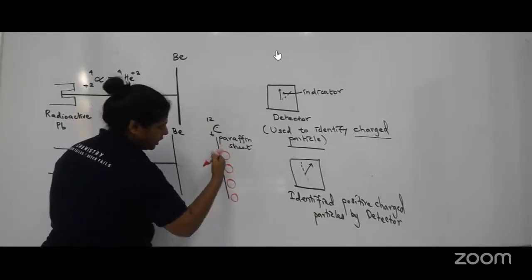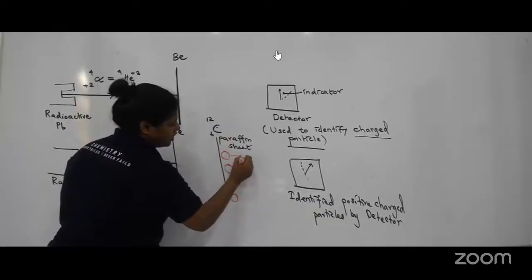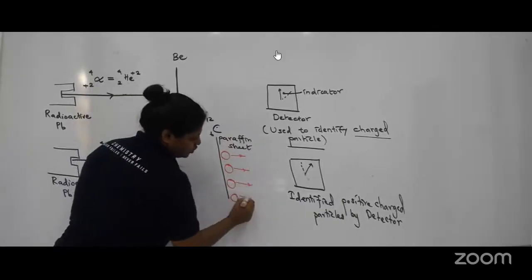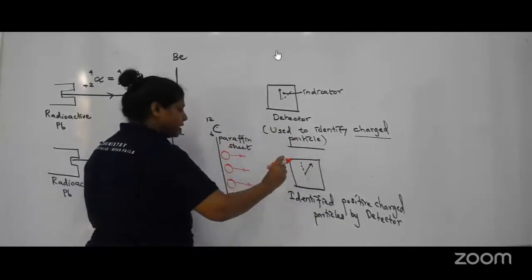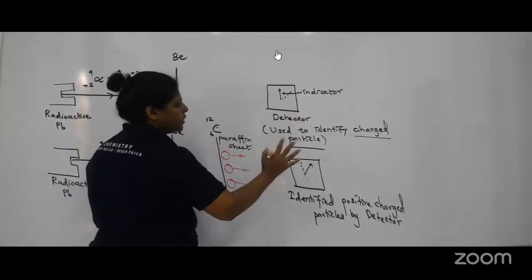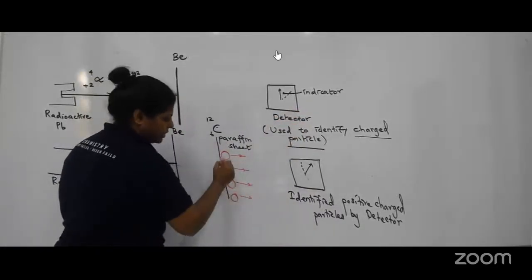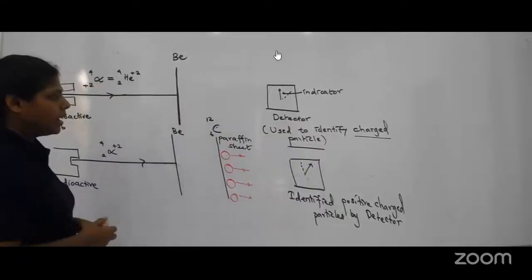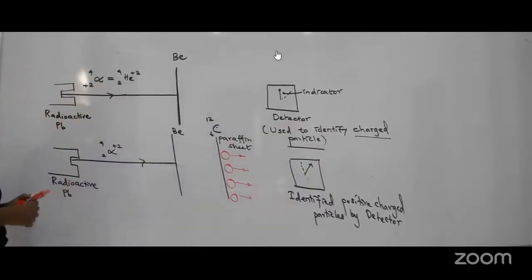When those positive charges hit the detector, it showed positive deflection, meaning positive charge released by the carbon-612 isotope.